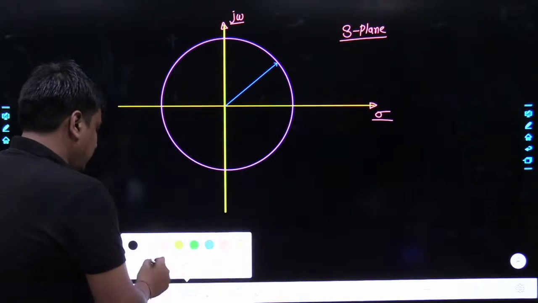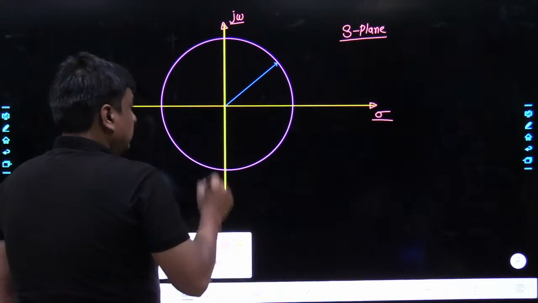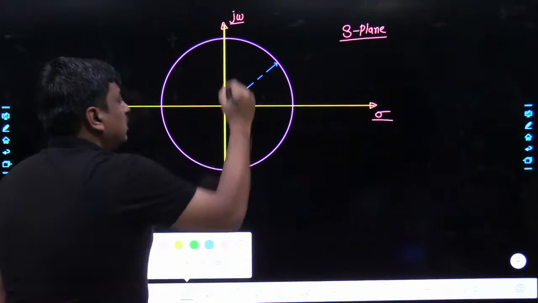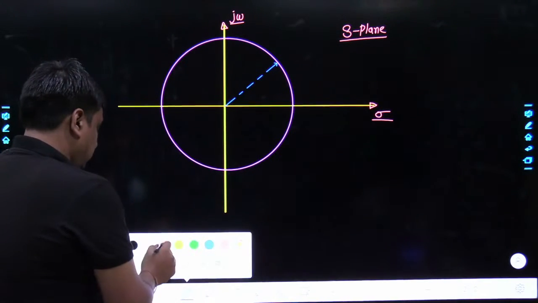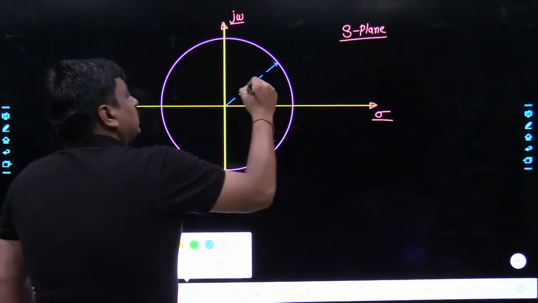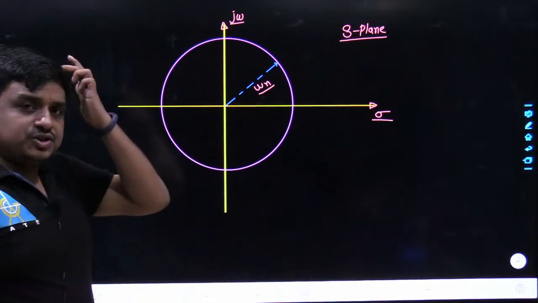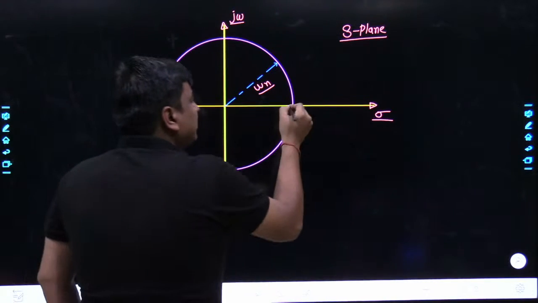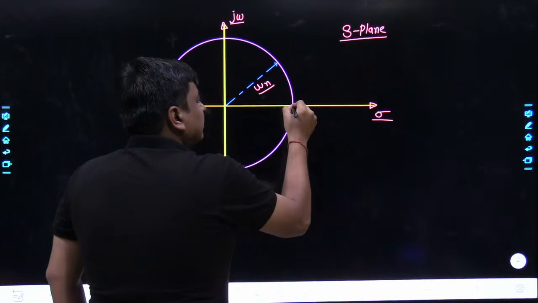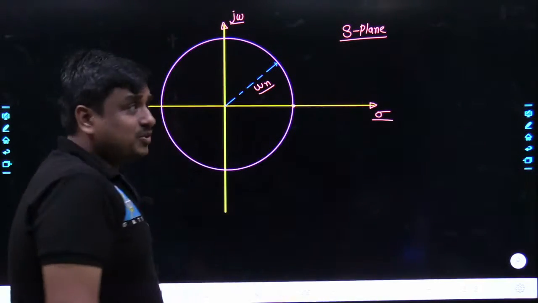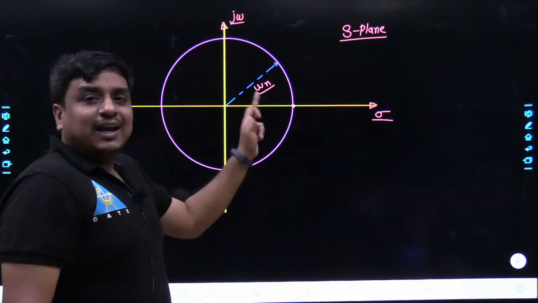So what does it mean? That means this distance is simply going to be omega n. Agreed? Till this point nobody should have any doubt as such. If you want to locate the exact location of this point, may I know what would be the abscissa? See, this point is kept over the real axis.